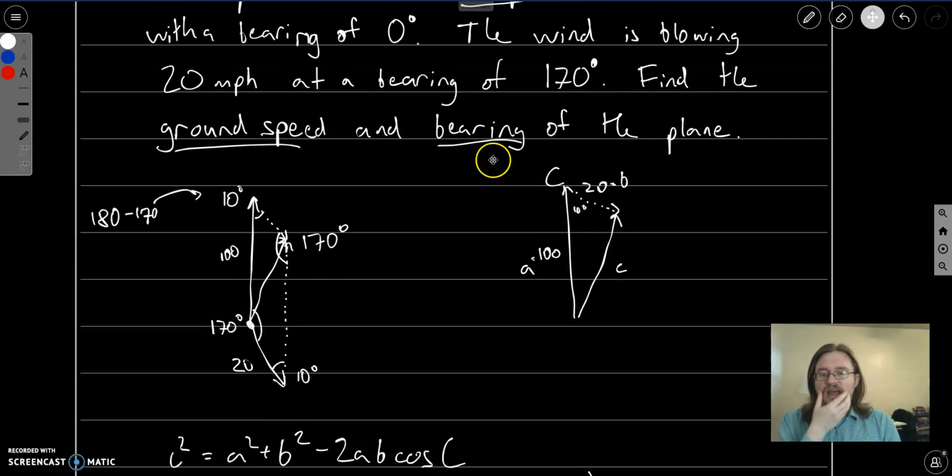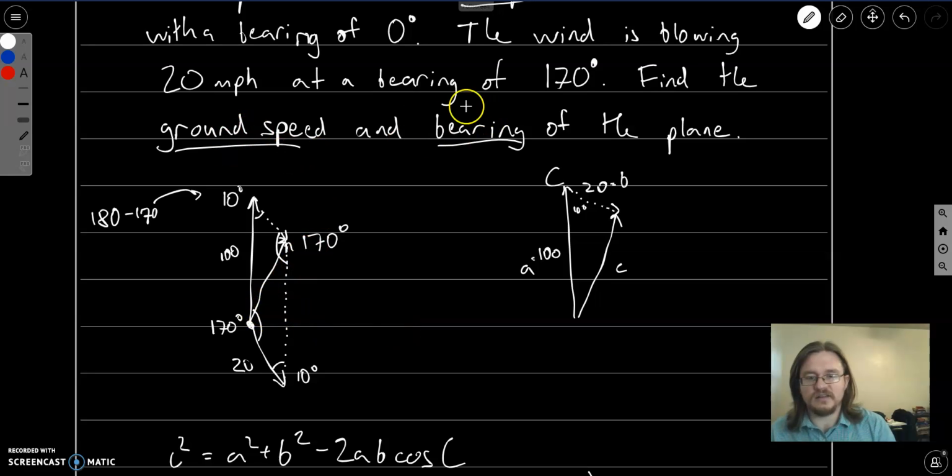The last thing that it asks us to do is calculate the bearing of the plane, so the bearing in terms of the ground speed. So in our picture up here, the plane is trying to fly due north at 100 miles an hour, but is actually flying about 80 miles an hour in this direction here.